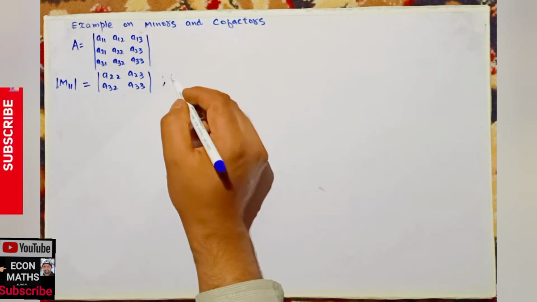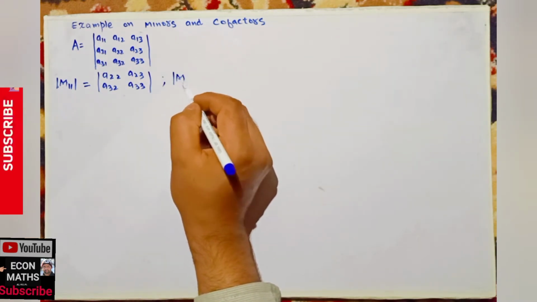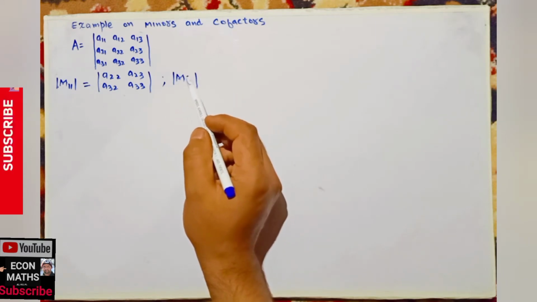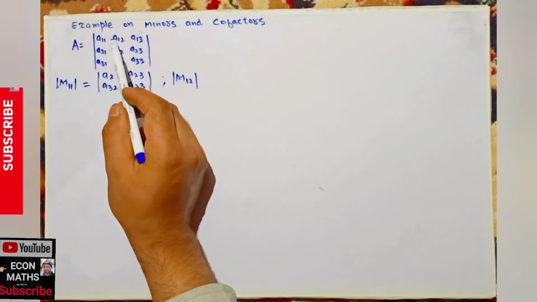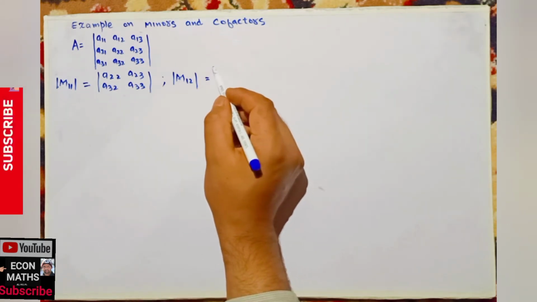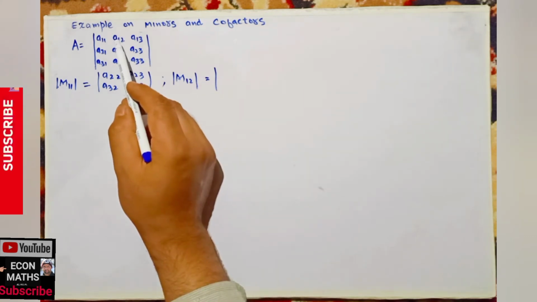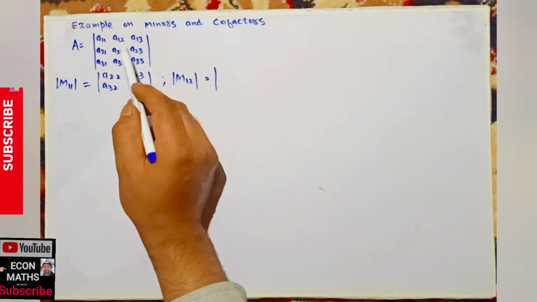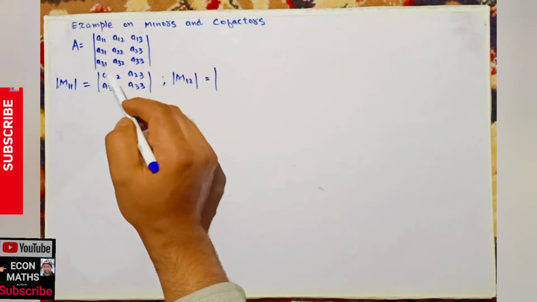Similarly, the second minor is denoted by M12. So this M12 is a minor in place of this element A12. The minor at this place is found by mentally deleting the row and the column in which this element appears and taking the determinant of the remaining elements.